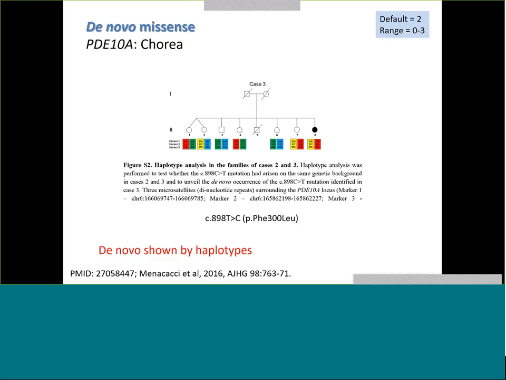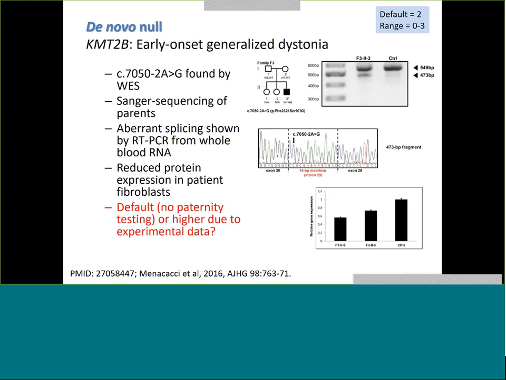So it would have had to have been a mosaic of some kind, if other than a true de novo. Right, and I guess that can happen too if you're only looking at lymphocytes, even for WES or paternity testing. I suppose you've always got that possibility, right? How do we tell something is truly de novo? Yeah, okay. All right, so this is another example of a de novo null.